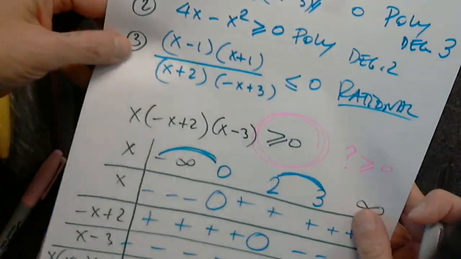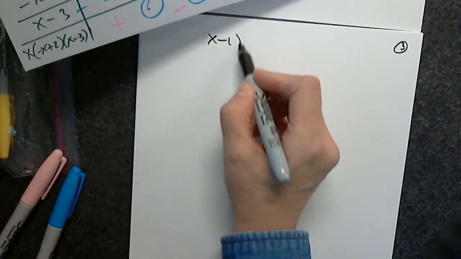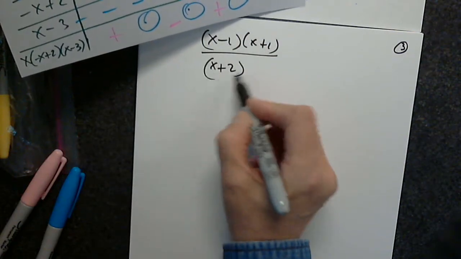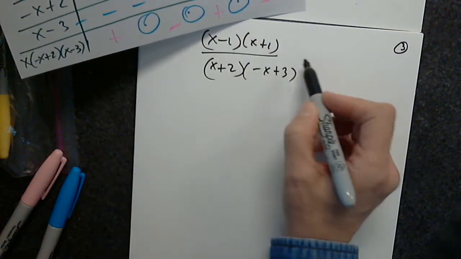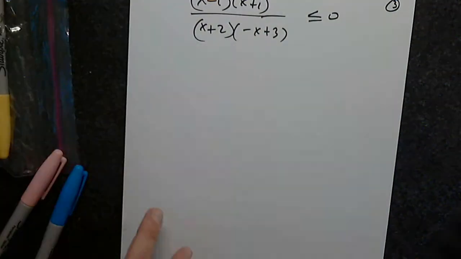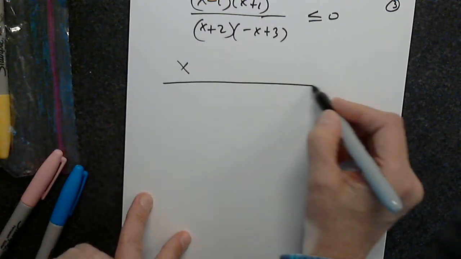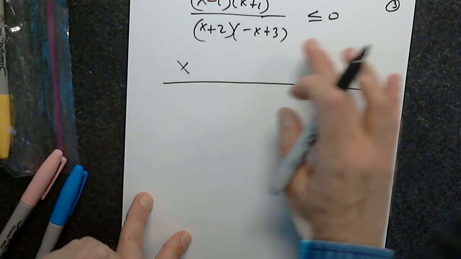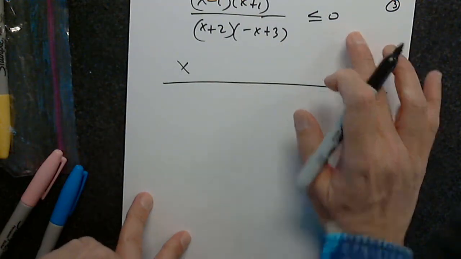So I'm just copying what I came up with. I came up with x minus 1, x plus 1, x plus 2, negative x plus 3, and we said less than or equal to 0. Is it table or chart ready? Yeah, because we have a product of factors, and 0 on the other side.